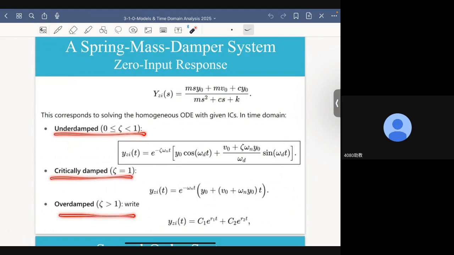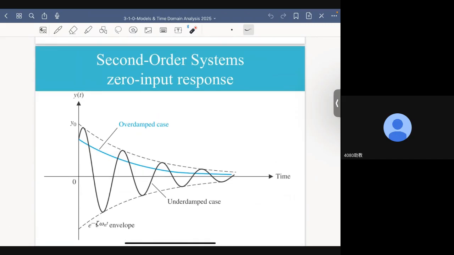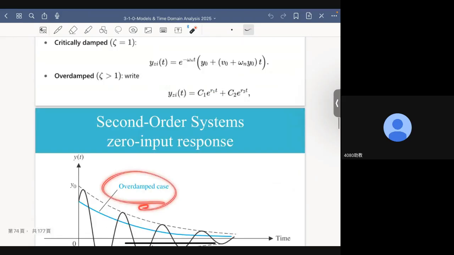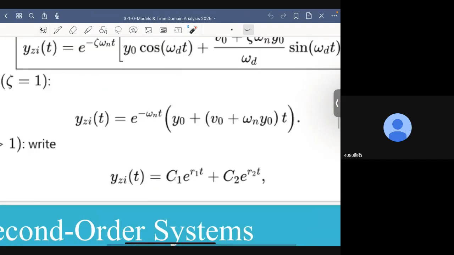Now let's focus on overdamped and underdamped responses. When you have an overdamped system, the mathematical representation of the zero input response is here.